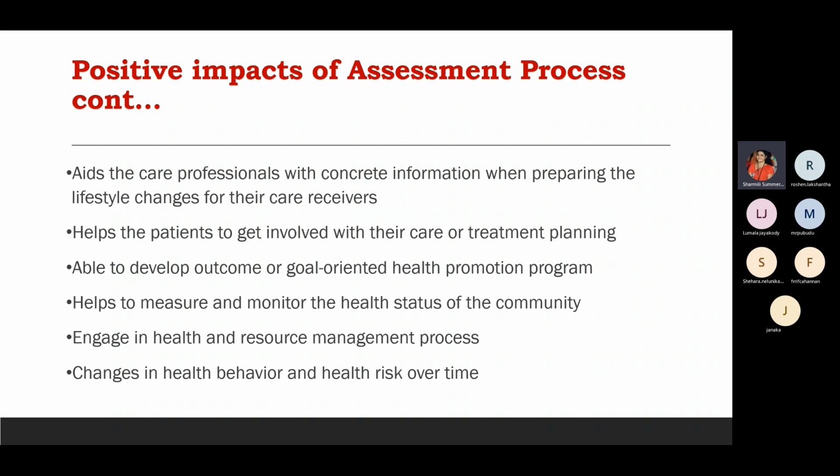So this assessment process is not only helpful for a particular individual, right? It will also influence a group of people, like a community, a population, a nation, worldwide, right? So simple information gathering has a much greater influence, even worldwide. For example, the corona issues. During the corona issues, we gained more and more information each and every second about corona.